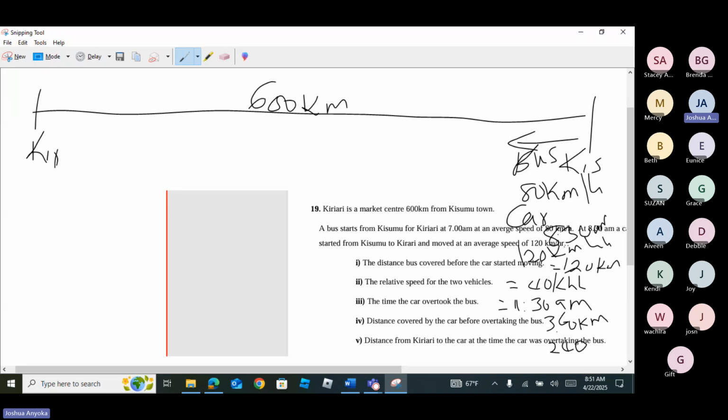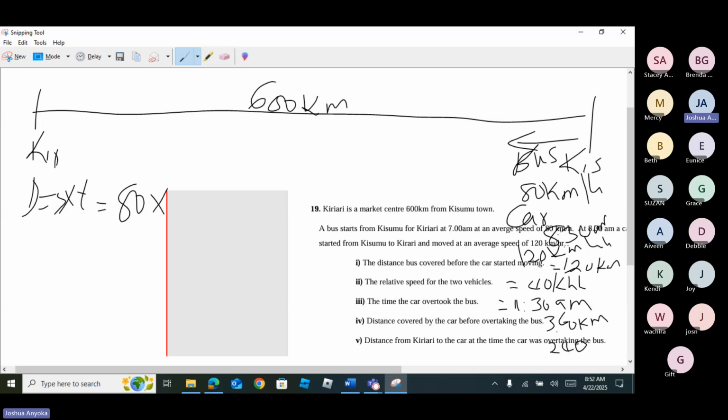First question, the distance the bus covered before the car started moving. Distance is equal to speed times time. Speed of the bus, 80, times time.